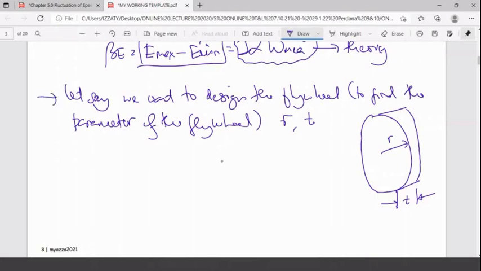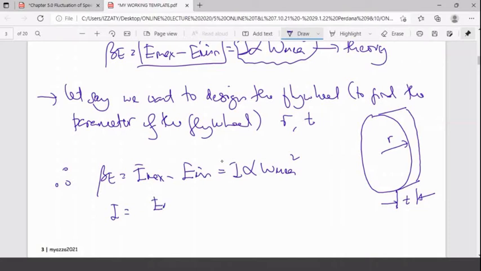Let's say we want to design the flywheel, to find the parameter I of the flywheel. So therefore, from what we have earlier, delta E is equal to E max minus E min. We use this equation again, equal to I alpha omega min square. So I now is equal to E max minus E min divided by alpha omega min square.